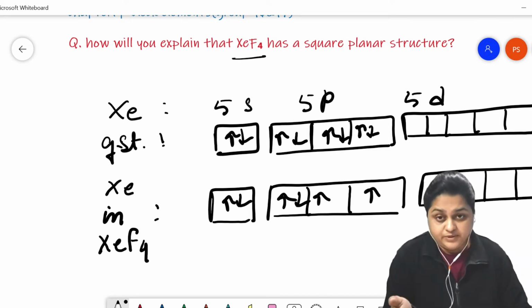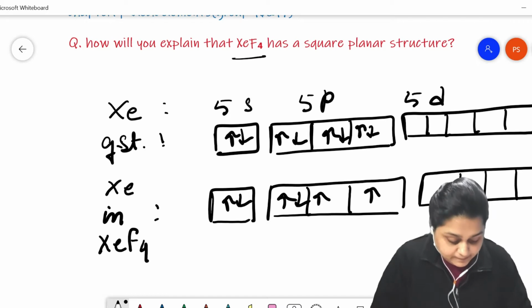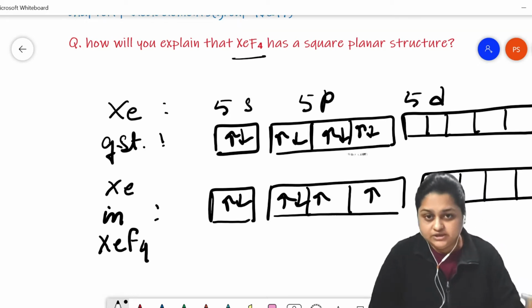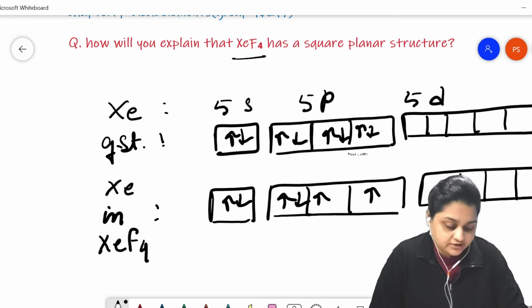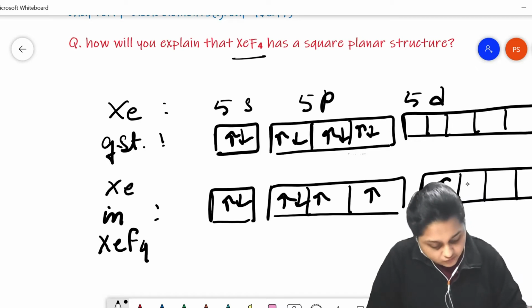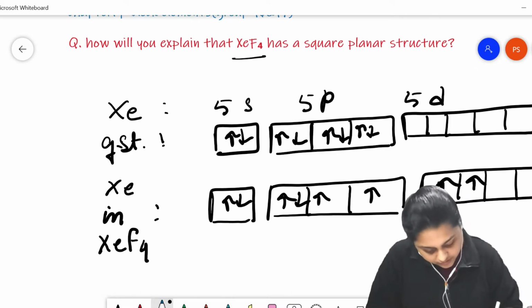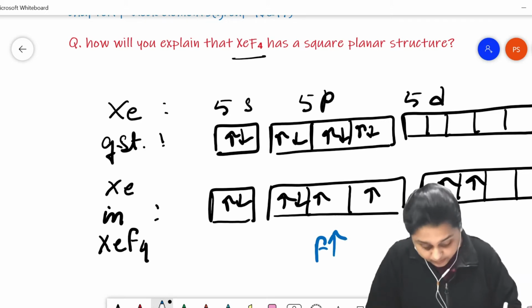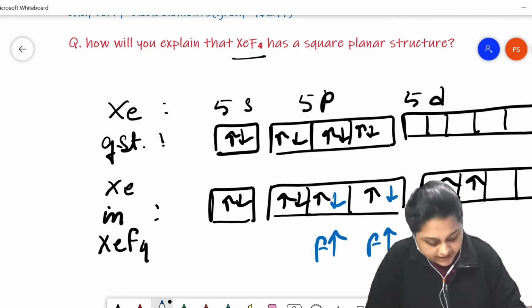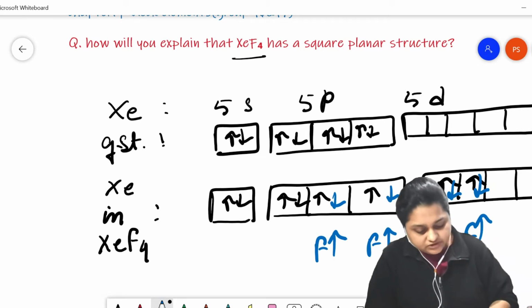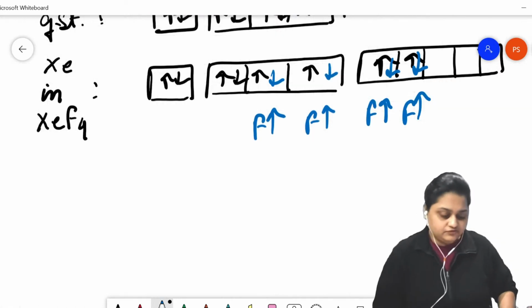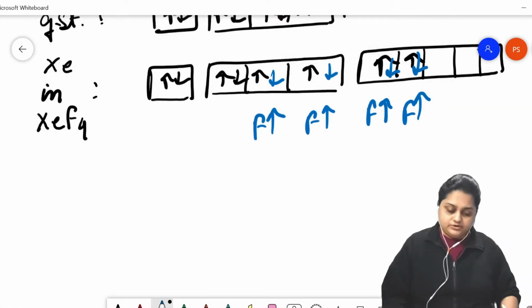One electron pair from the 5p will jump to the 5d, and thus will create 4 unpaired electrons, and the 4 electrons from 4 fluorine atoms will be shared, and as a result of this sharing, 4 sigma bonds between the xenon and fluorine atoms are formed.